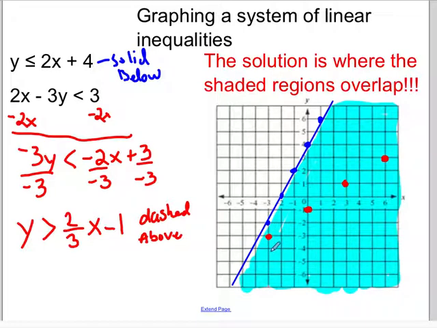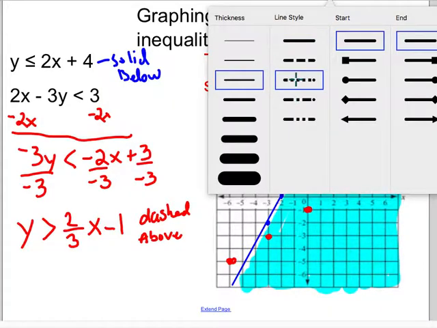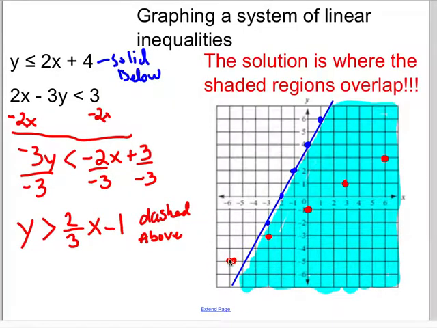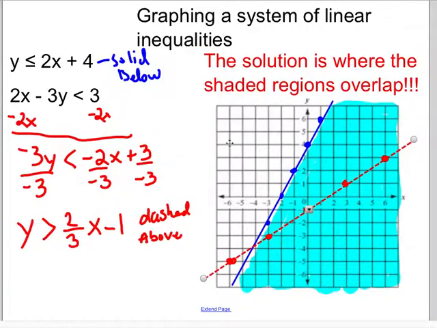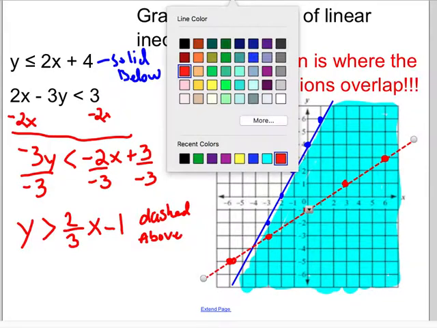And notice here, chances are our inequalities aren't going to intersect at a nice lattice point. So I'm going to connect my dots using a dashed line. Okay, and again, we use our dashed line. We're going to shade above because it's greater than, so everything above my line.